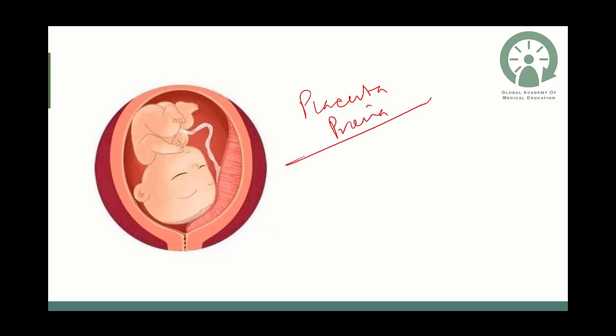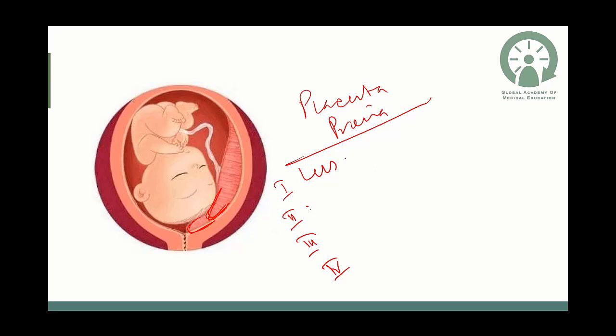If the placenta is coming till the lower uterine segment, it is grade 1. If it is coming till the os, then it is grade 2.